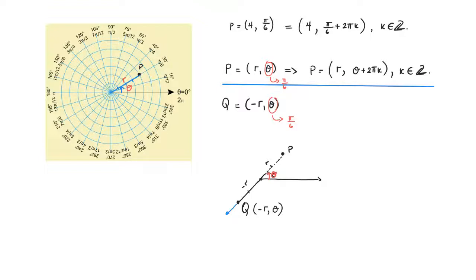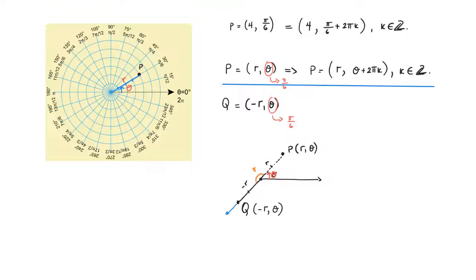And again, this line over here should be completely straight. So then that means that this angle right here is pi. So here I have point P with coordinates r, comma, theta. And here I have point Q with coordinates negative r, comma, theta.